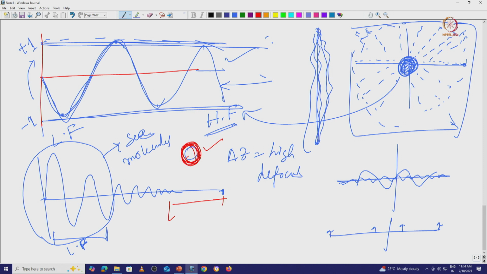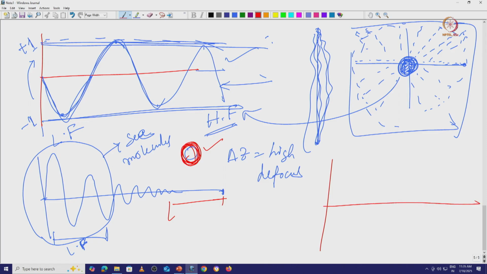Now let's consider, what will happen if we have a very low defocus value? If we have a very low defocus value, your wavelet will go like that.